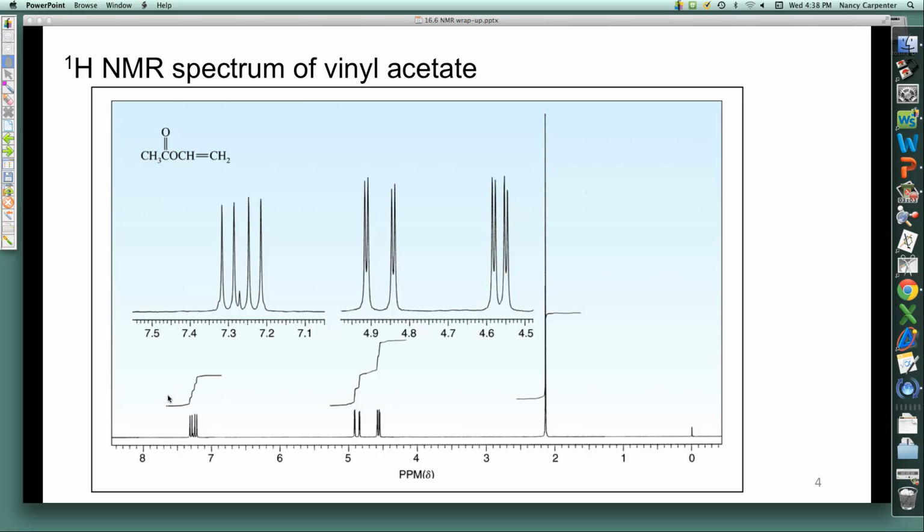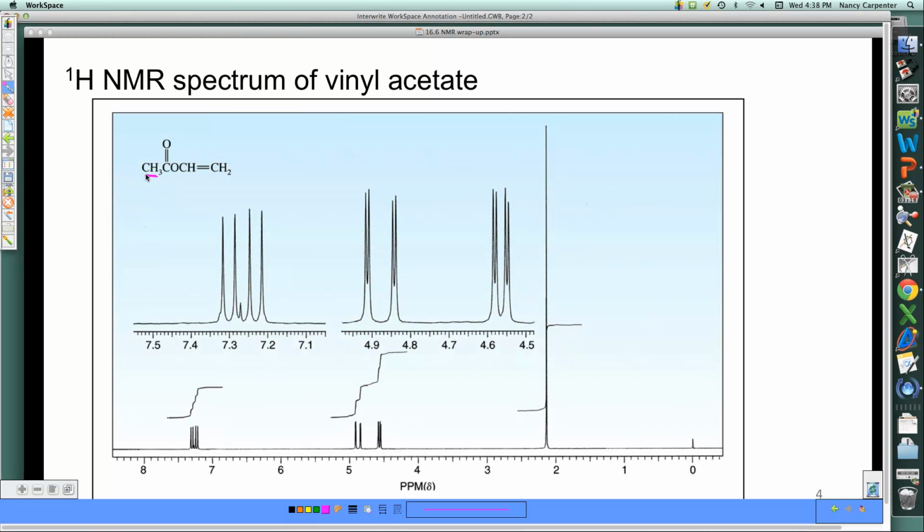Well, fortunately, we happen to have the proton NMR spectrum for this molecule. And this is what it looks like. All right, ignore the insets for right now. Let's just look at this molecule and see if we can find all the relevant peaks. This one will be the easiest, right? It has no neighboring hydrogens.